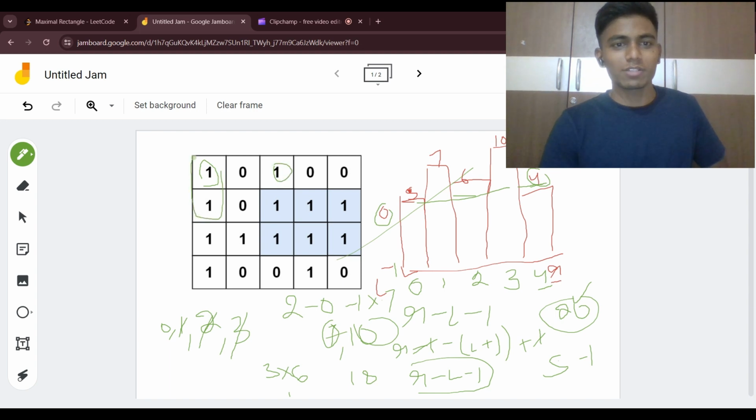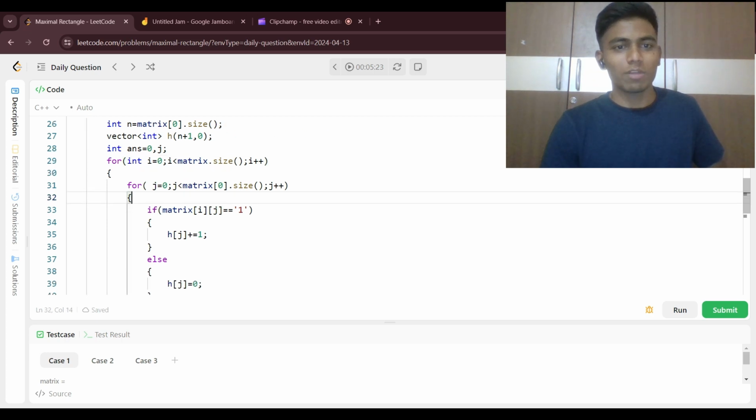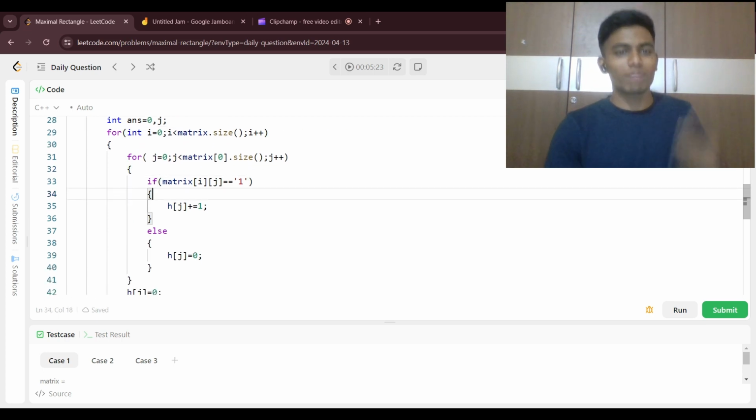So we are going to consider h of n plus 1, and then we are going to take the matrix of size, and then we are going to consider each column. Whenever we are considering each column, we are going to say that if matrix of i j equal to 1, then we are going to consider the previous height plus this particular one, which is going to be increased.